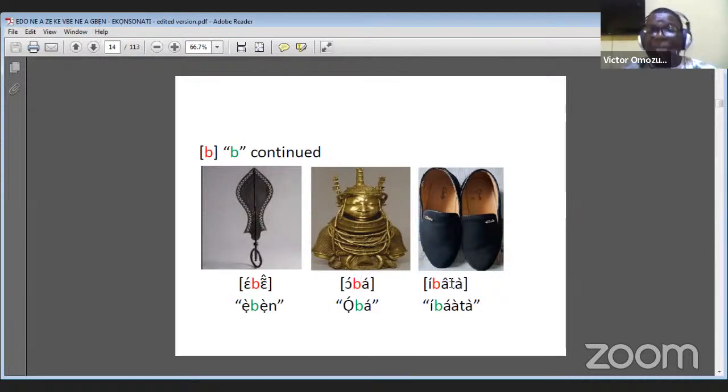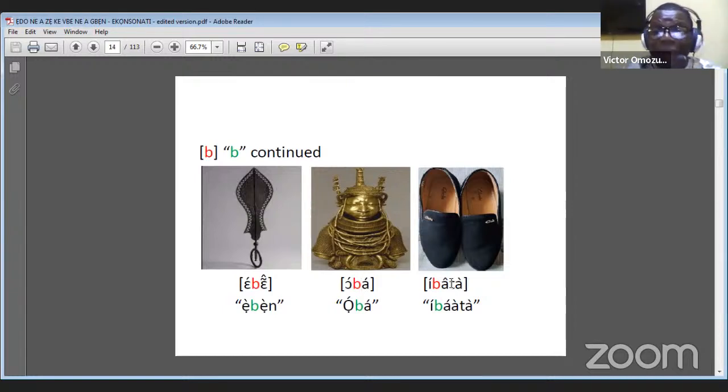But that shows that in Edo, every vowel and every consonant can combine in different syllables. But the important thing is that in any Edo noun, the first syllable must be an oral vowel. That is one of the rules, as we will see at the end of this lecture.